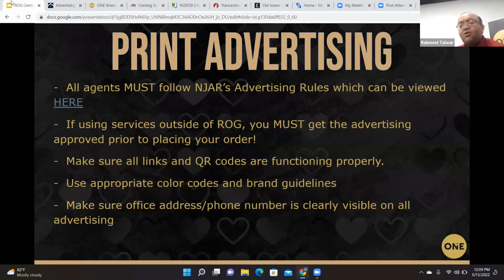But if you're making your own signage on whatever website, not just signage, but postcards, door hangers, please know that you have to get that approved, just so we know that whatever you're printing is compliant.